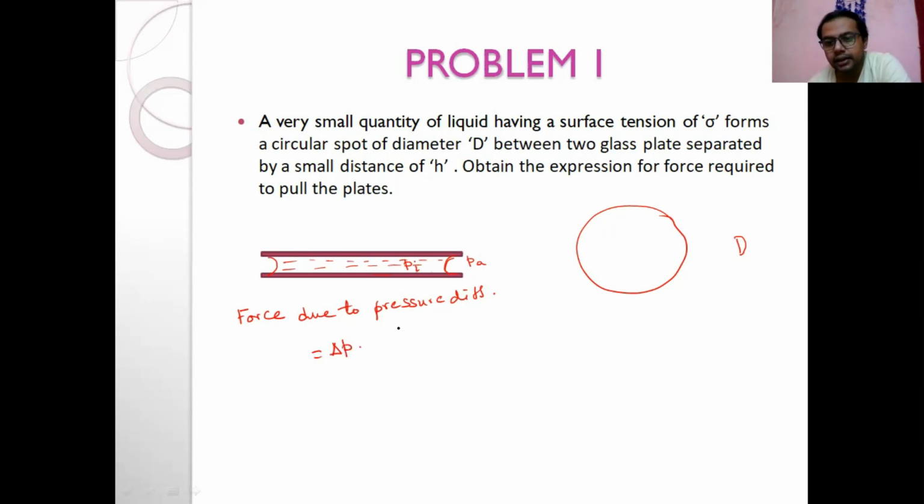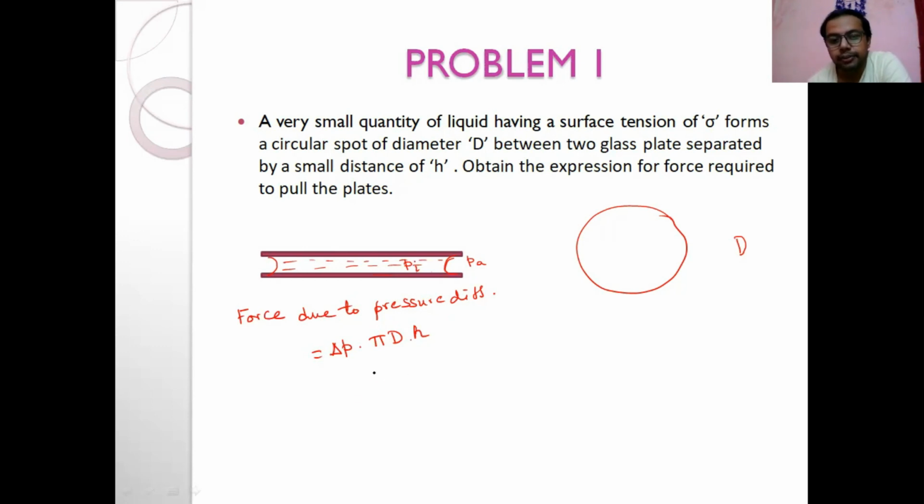Which area? We can write it down: pi d is the circumference, into the height h, the given small distance, the two plates' separation. So the pressure is acting only over the circumferential area.